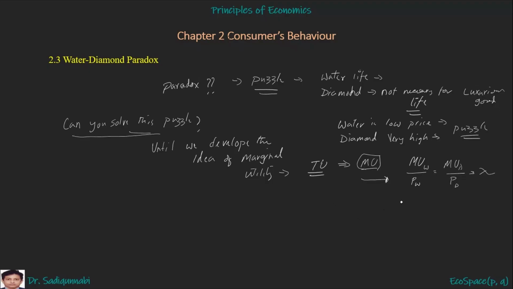By this equation, we can say why the price of water is low and why the price of diamond is very high. Now take this example. Can you tell me MU of water and MU of diamond, which one is higher?